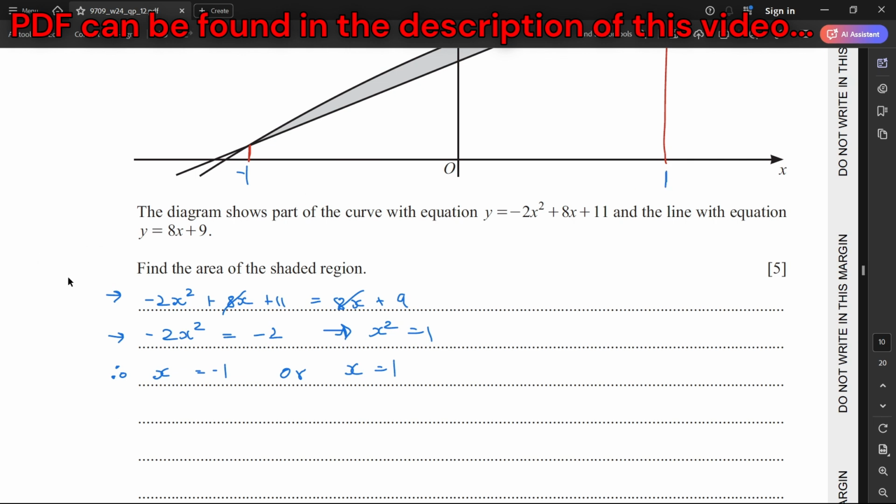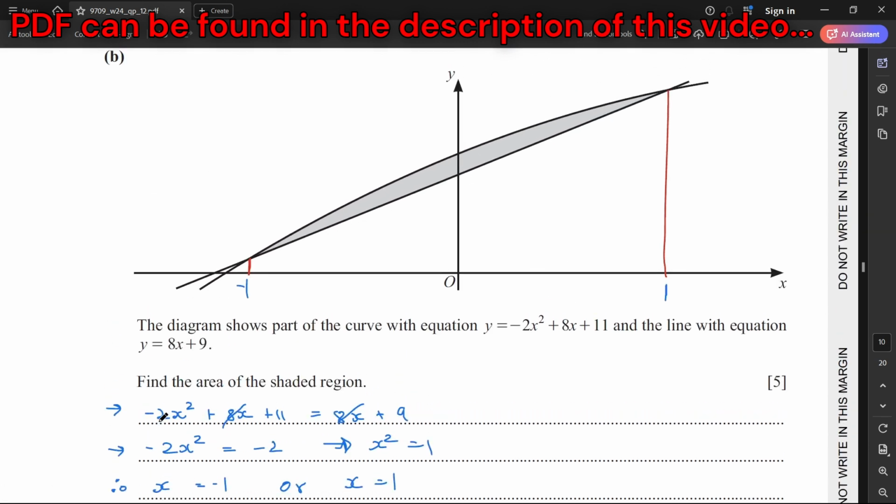And now I just need to go ahead and get the integration part done. You can see that for both of these equations, the quadratic and even the straight line, the bounds are the same. So I can simply say that the integration of this minus this from -1 to 1 will give me the area of the shaded region.